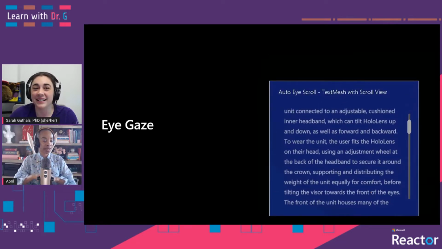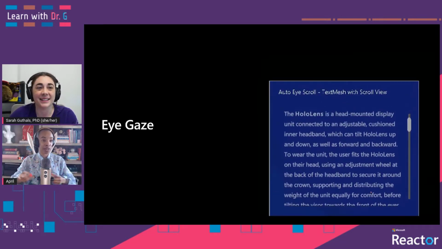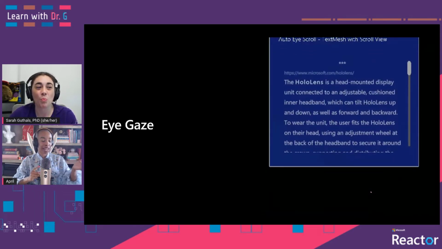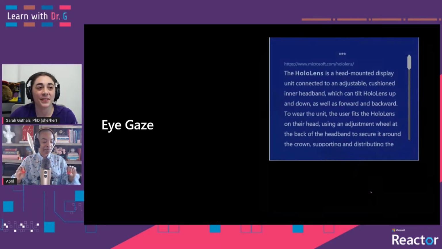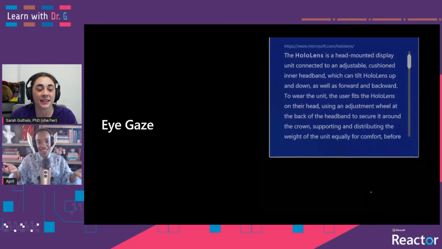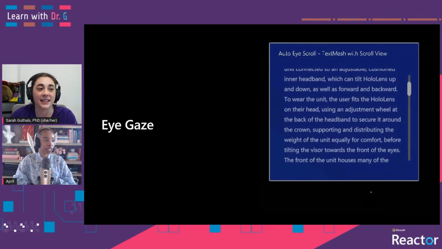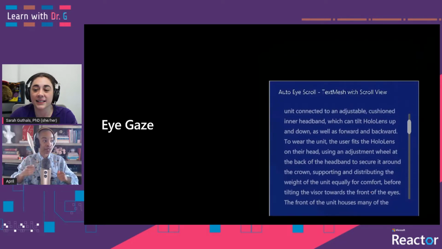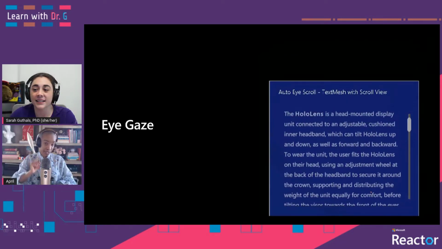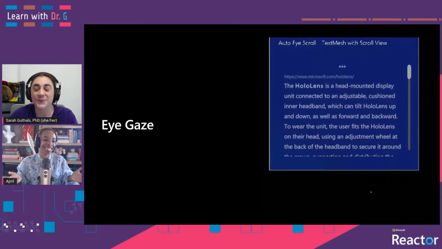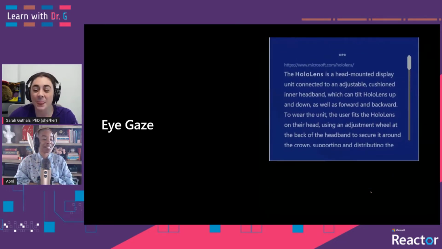So you want to ensure that your users have given permission for your app to actually use that. Also with eye gaze, you can only use it if the device has eye tracking. So if there's no eye tracking, there's no eye gaze. Likewise for speech, as long as you have some sort of microphone input and your users have permission, because people don't like being recorded without being notified.